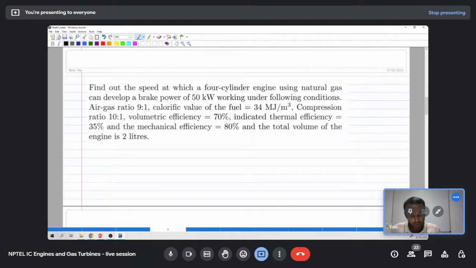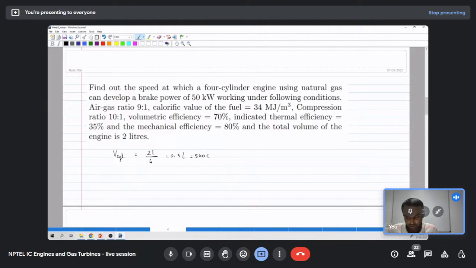So now we know that this is a four-cylinder engine, so each cylinder will have a displacement volume of 2 liters by 4, since it's a four-cylinder engine, so that is 0.5 liters or 500 cc.